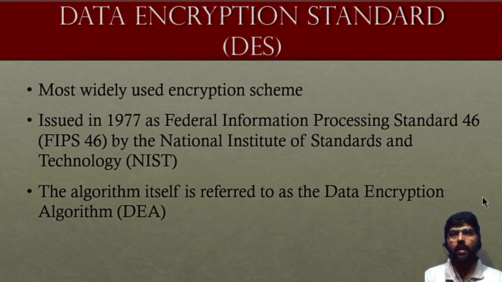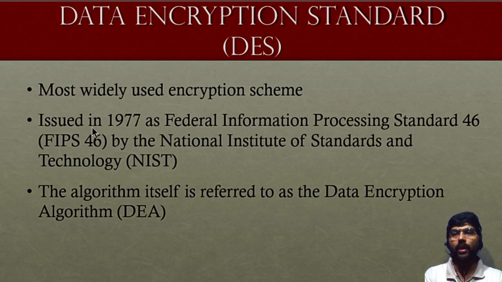The first symmetric block cipher is the Data Encryption Standard, DES. DES is the most widely used encryption scheme till now. Before the creation of AES, we were still using DES as the most widely used encryption scheme.